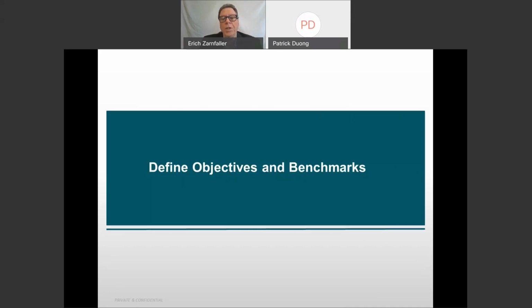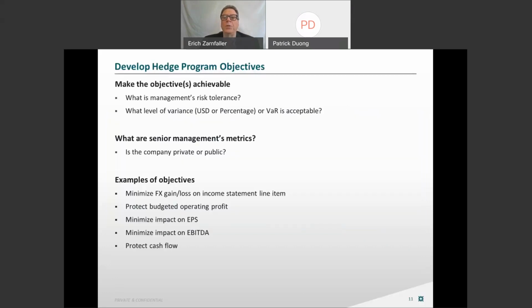On the next slide, we note the most important point in establishing the program objectives is to make the objectives achievable. Let's say choosing an objective to eliminate all exchange rate impacts on the company's financials may be an unreasonable and unachievable objective.